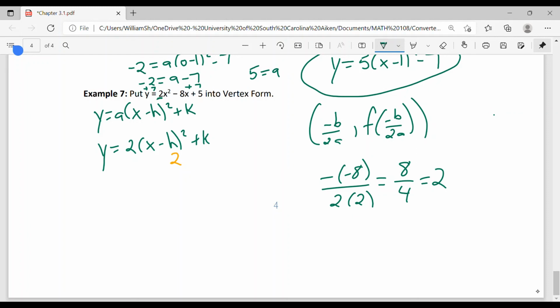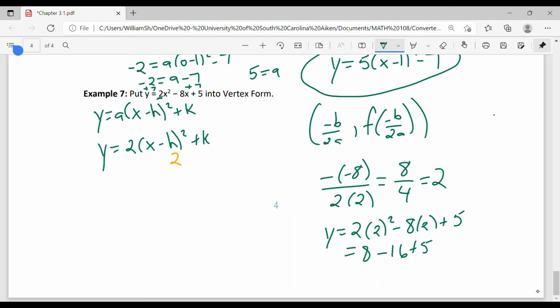So we're going to plug that 2 into our function. Easy enough, right? So y equals 2 times 2 squared minus 8 times 2 plus 5. Let's see, 2 squared is 4, times 2 is 8. 8 times 2 is 16, and we got that plus 5 here.